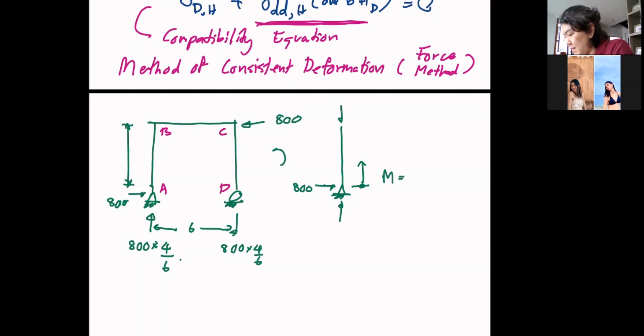Let's say I view this as a negative moment because I prefer to look at the frame from inside, and that's my direction. So my moment becomes minus 800x.